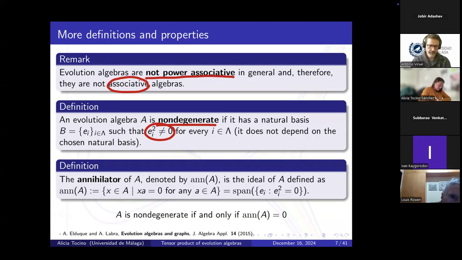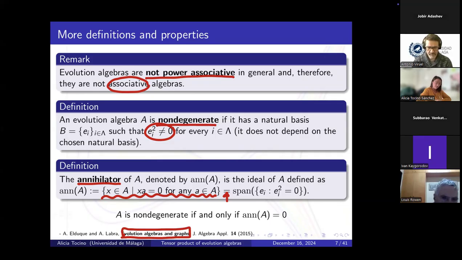Another definition is the annihilator of A, denoted by an, which is the set of all elements that satisfy this, no? But El Duque Labra, in the paper Evolution Algebras and Graphs, proved this equality.